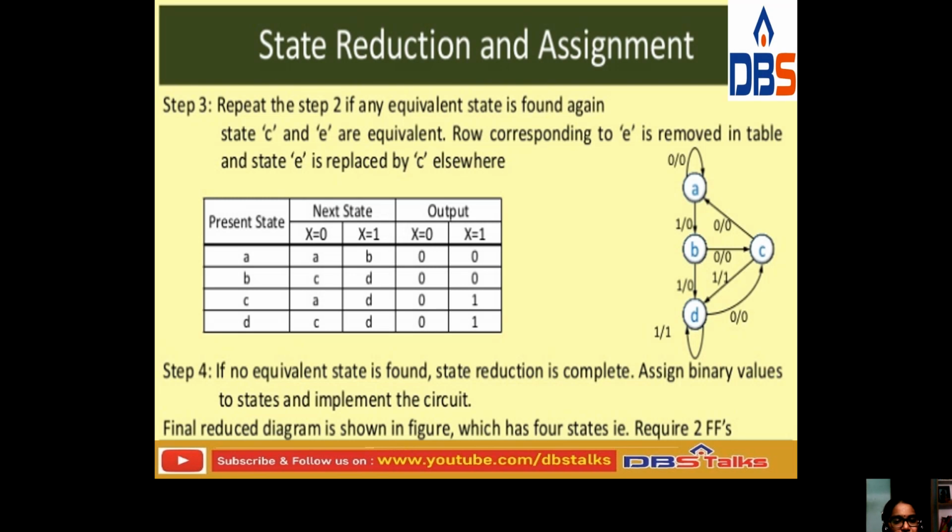Finally it is reduced to the diagram as shown in the figure, which has 4 states, so it is going to require 2 flip-flops. If it has 4 states, obviously it has 2 flip-flops.